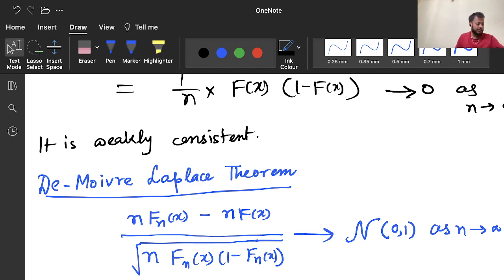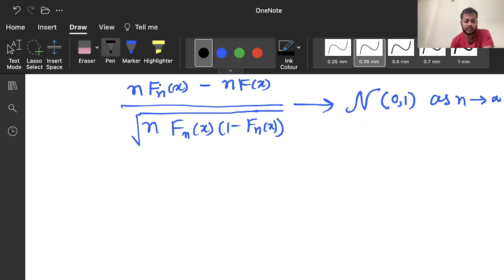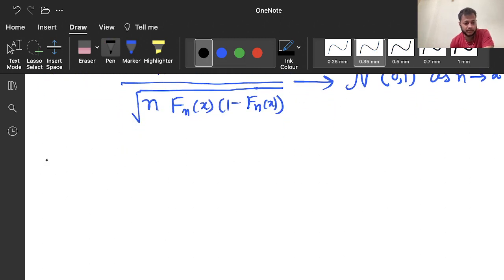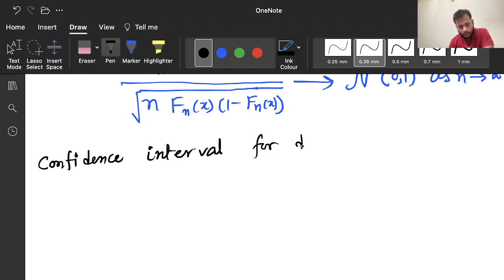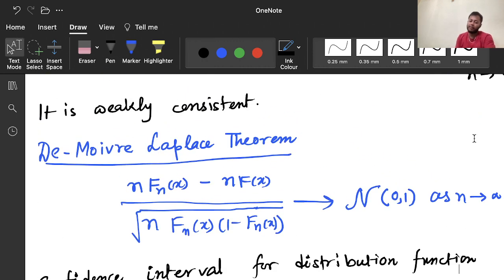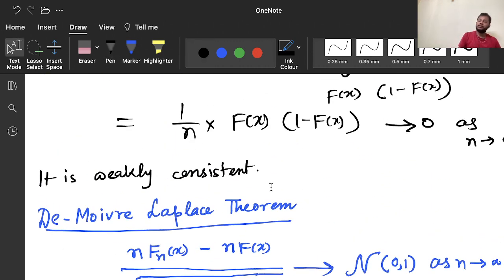Now let's see the confidence interval of the distribution. So we will use this here to calculate the confidence interval. You see that up to this point we have not considered any distribution.